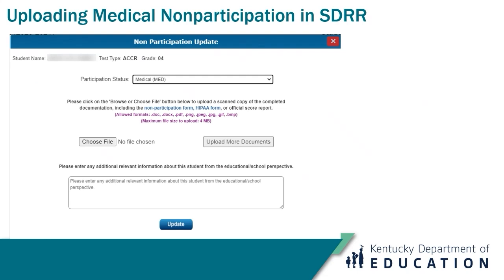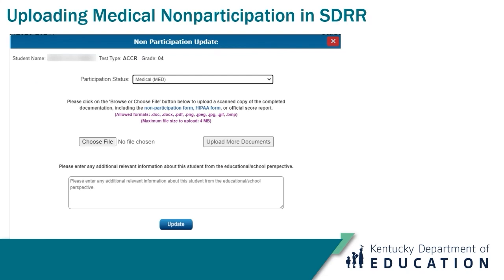On the previous screen on your student listing, you'll double click on that, choose the assessment that you want to request the non-participation for, and make sure that you have the medical non-participation form filled out from our KDE website. Make sure you have the current version of it filled out. And then once that's all filled out, you can upload it into SDRR.